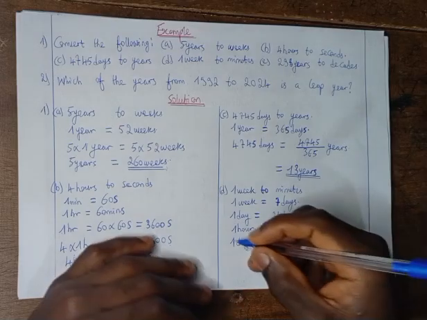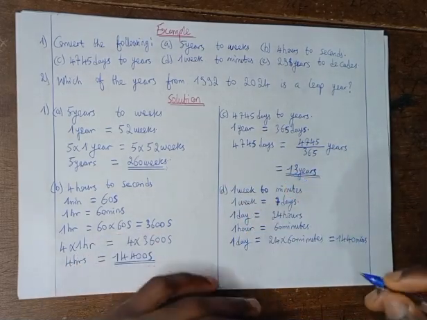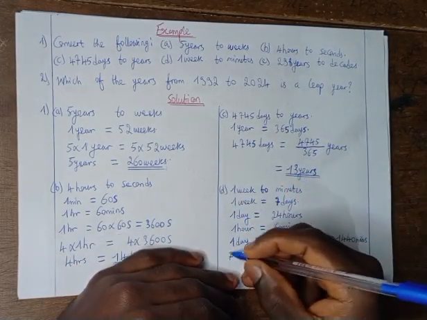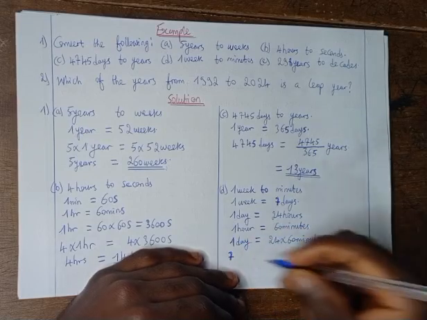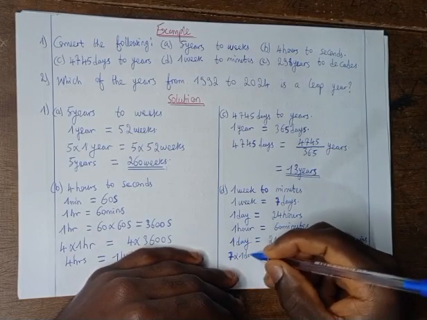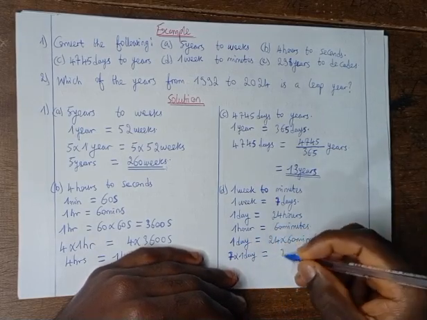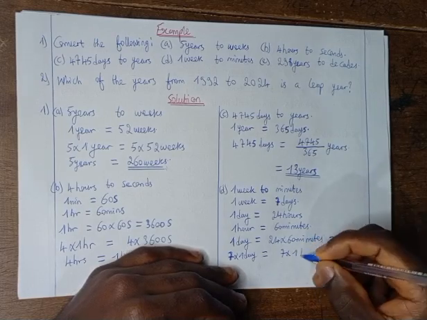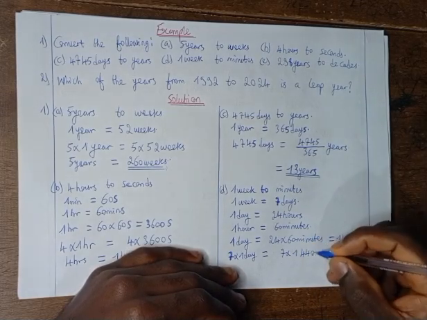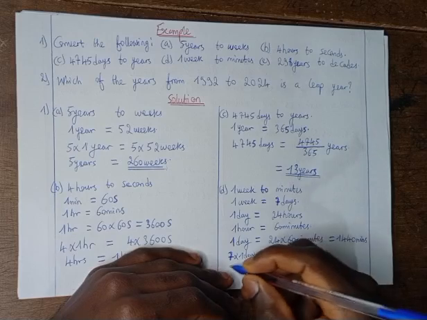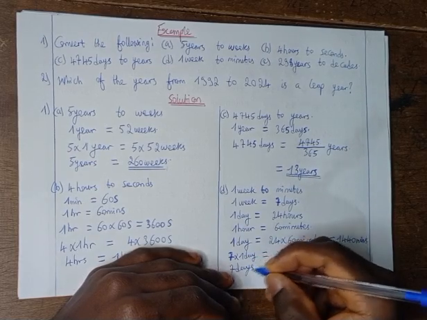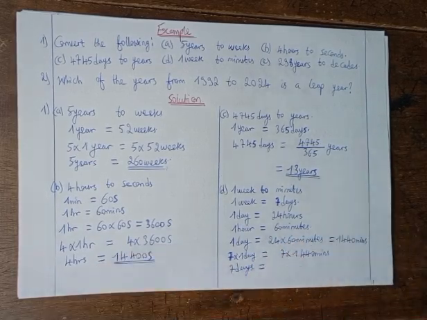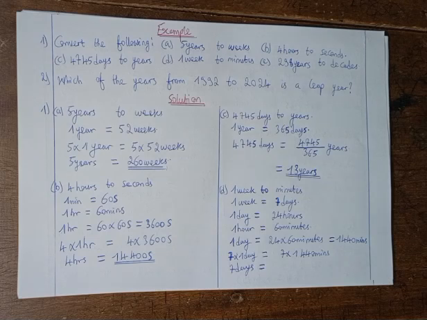Now we can easily get the number of minutes in 1 week. So in order for 7 days, we multiply both sides by 7. 7 times 1 day will be equal to 7 times 1,440 minutes. So this will give us 7 days to be equal to, because we know 7 times 1 day gives us 7 days, we are going to multiply 7 by 1,440.